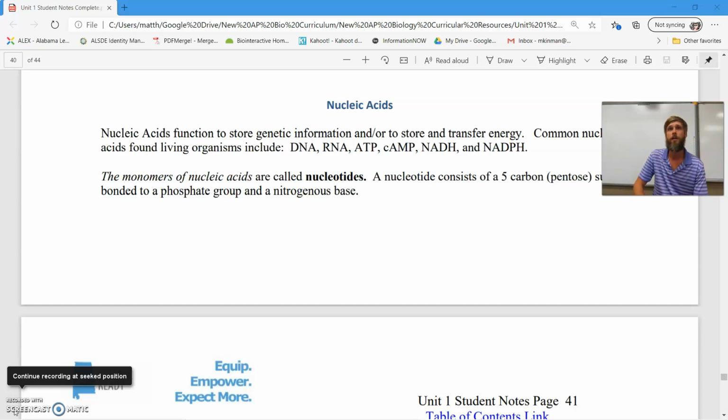All right, so now lipids. What are the two main parts of a lipid? The glycerol head, fatty acid tail. What about a phospholipid? Phosphate group, and then two fatty acid tails.